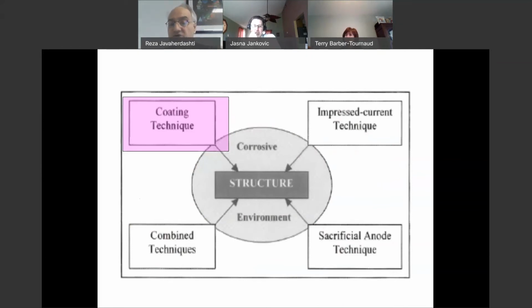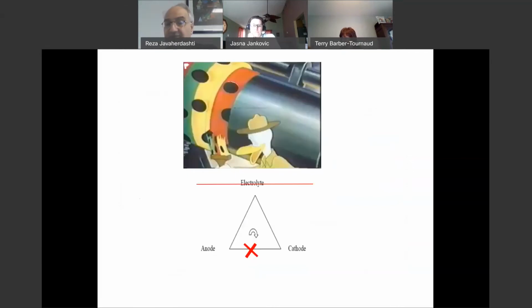By coating, you blind the anode from seeing the cathode. In other words, you coat the material so that anode and cathode cannot see each other, nor can they see the corrosive electrolyte outside. That's why coatings are very significant.